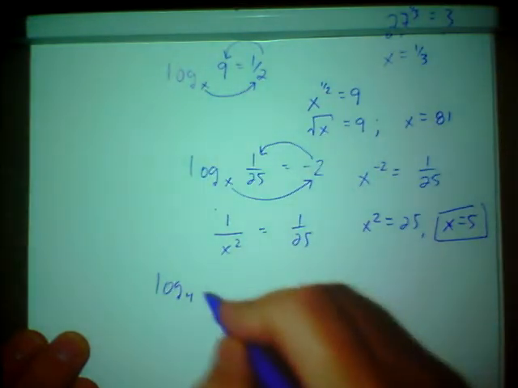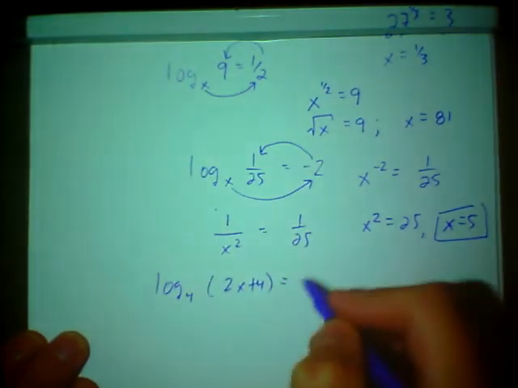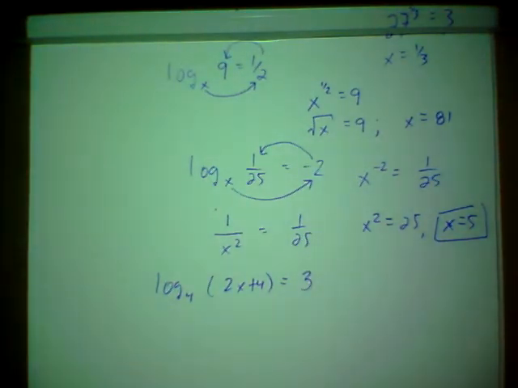How about this one? Log base 4 of 2x plus 4 equals 3. All right, so here's an equation where we have a log, and we only have one term with the log in it.